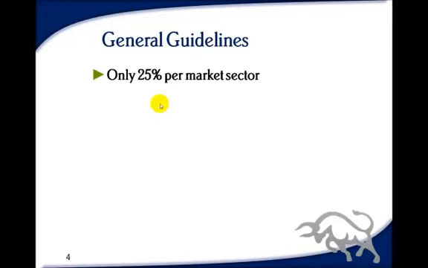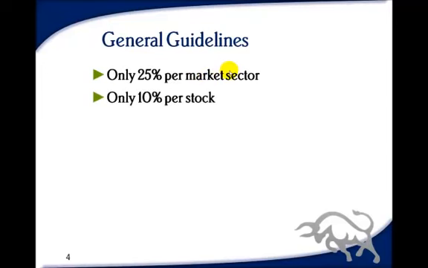Market sectors can catapult, and several stocks in that sector will follow each other down, so you don't want to be totally committed into a market sector such as retail or energy. So a rough guide, don't put more than a quarter, or 25%, into a market sector.